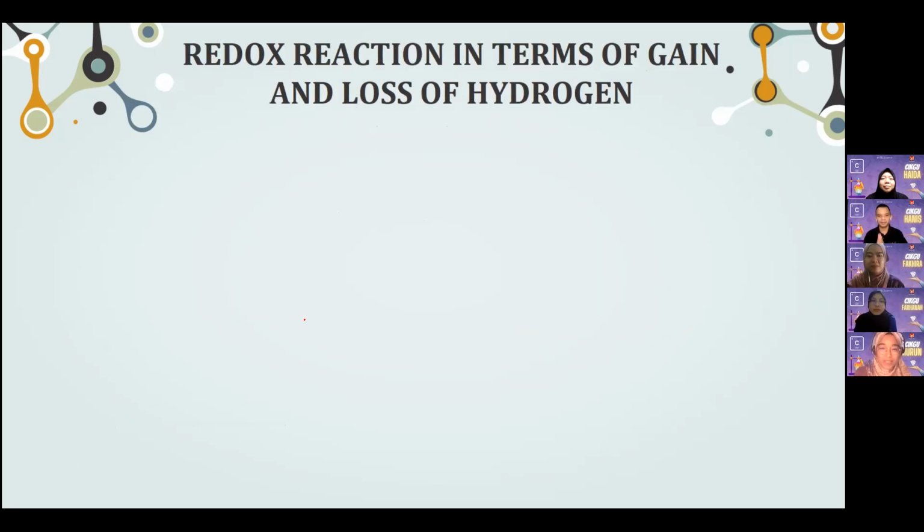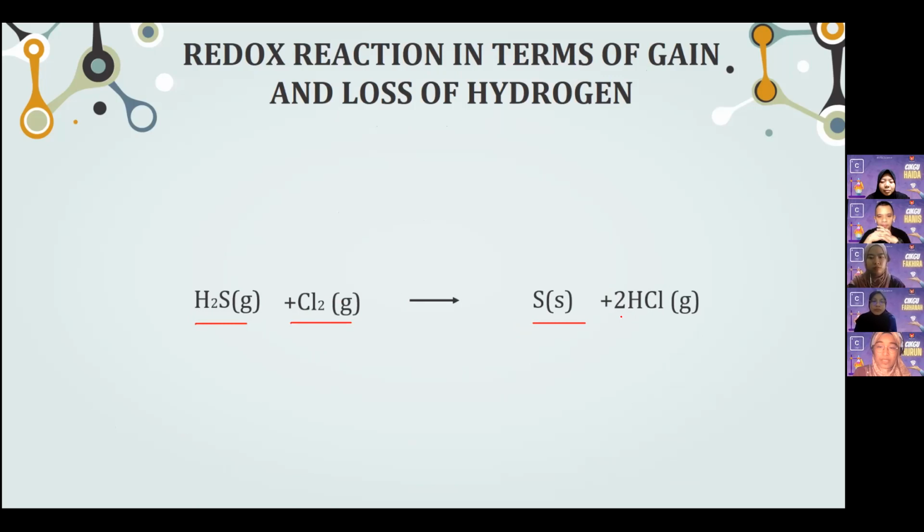Okay. So next one is redox reaction in terms of gain and also loss of hydrogen. We have here hydrogen sulfide that reacts with chlorine gas and it forms sulfur solid and also hydrogen chloride. This is hydrogen chloride because it's in gas form. It's not hydrochloric acid.